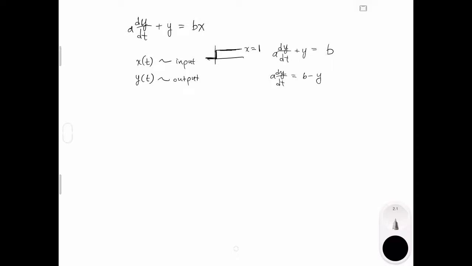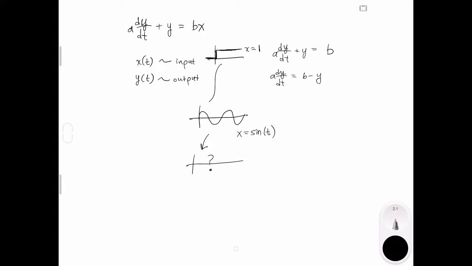The problem comes when x is actually a function of time, varying sinusoidally. Maybe the feed concentration is fluctuating for some reason, and that can be modeled by some sine function, say sine of t. And we want to know how that has an impact on y of t.